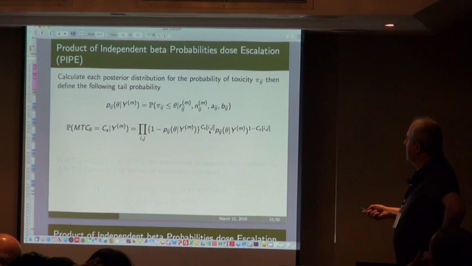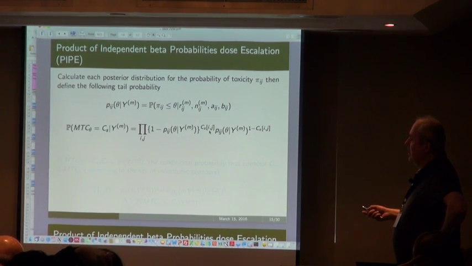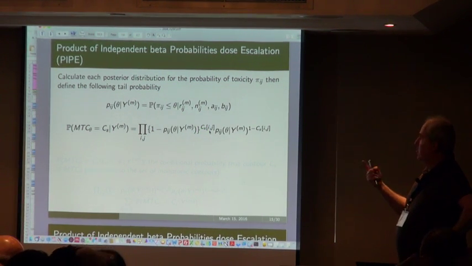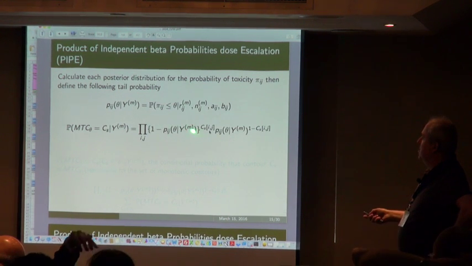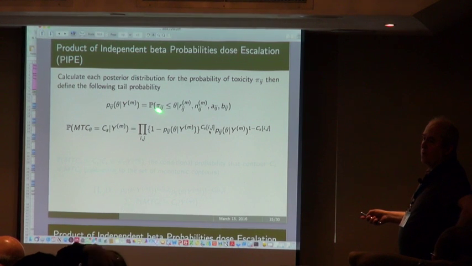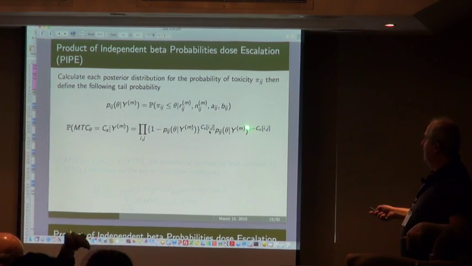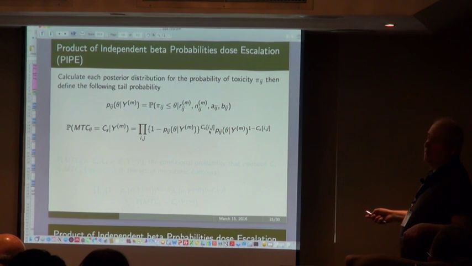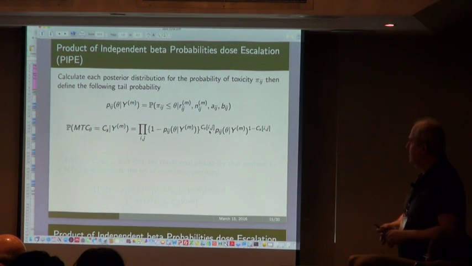If C_s, i.e. your matrix, is 1, you're above the TTL, so I multiply by this tail, the probability your true probability is above the TTL. And if your binary matrix is 0, i.e. you're below the contour, then I multiply by the tail probability that your truth is below theta.